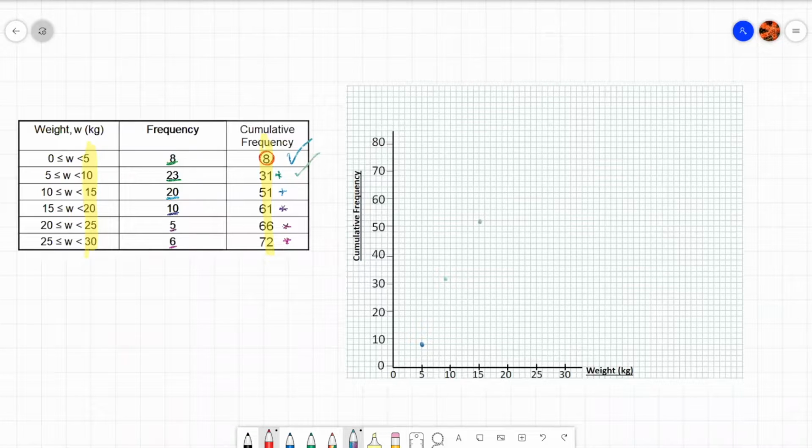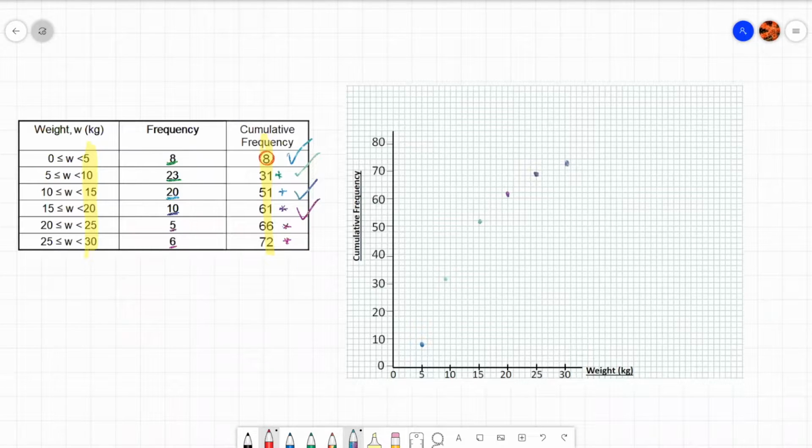Next one is 20 against 61. The next one is 25 against 66. And the next one's 30 against 72.